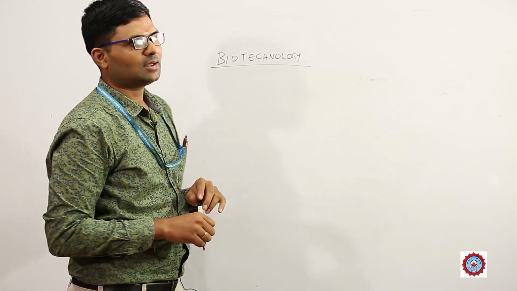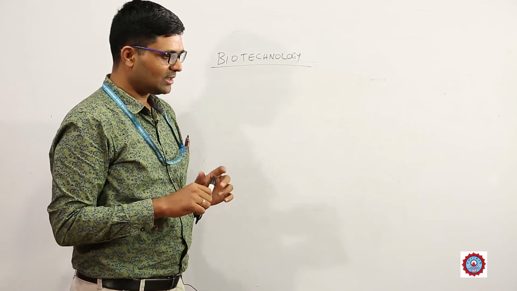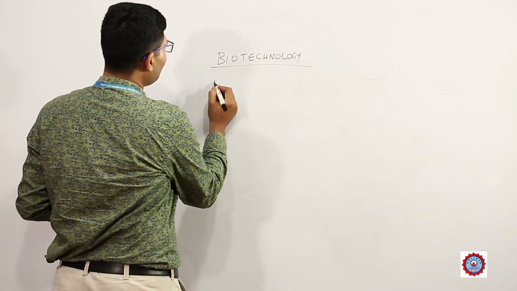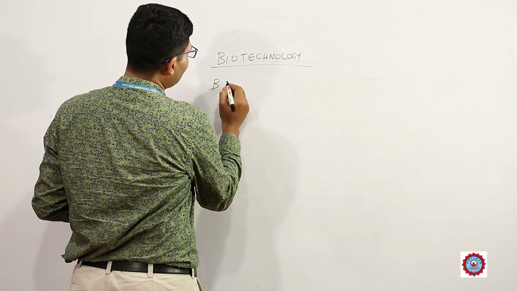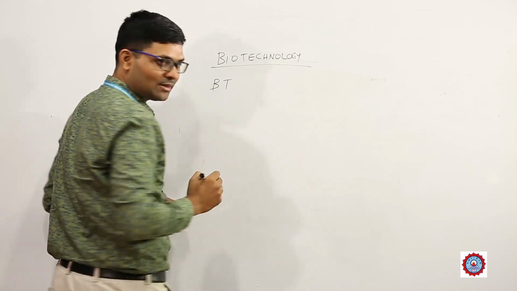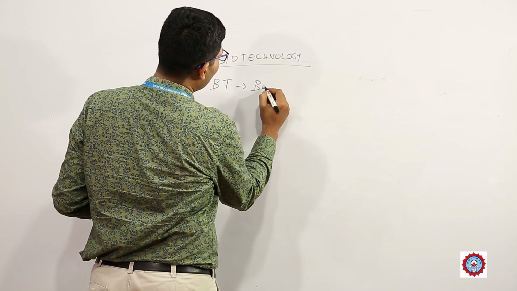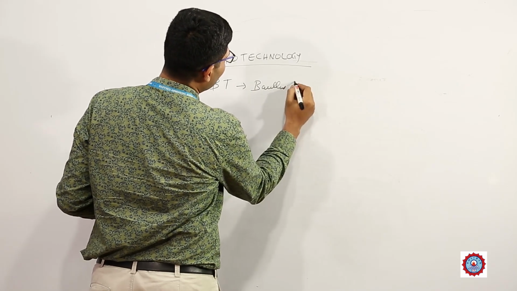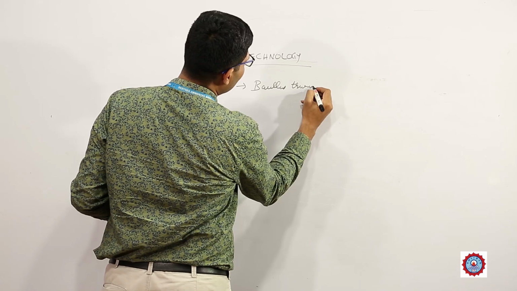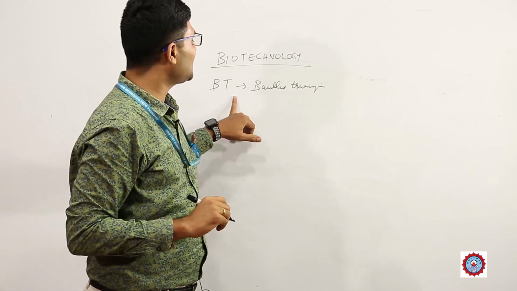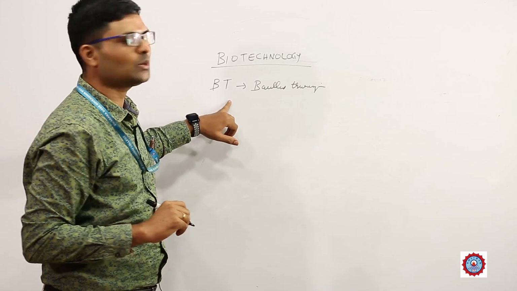So using biotechnology, we come across a term, a bacteria, called Bt in short. The whole name is Bacillus thuringiensis, right. This is the bacteria which was introduced into plants.